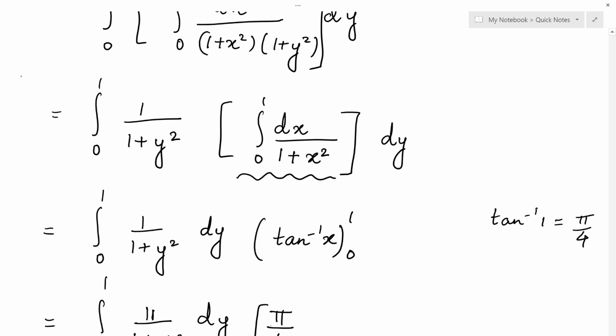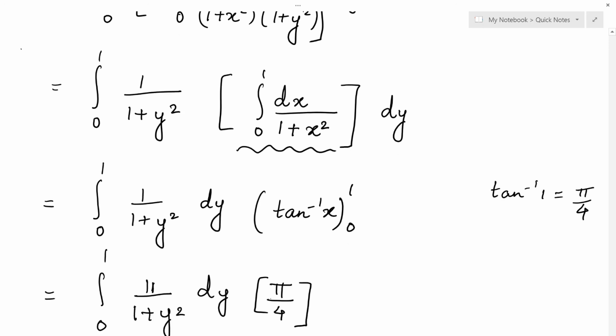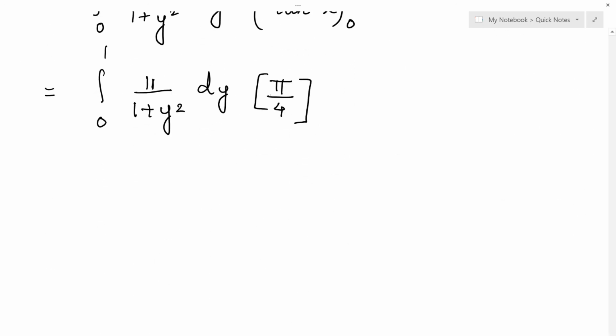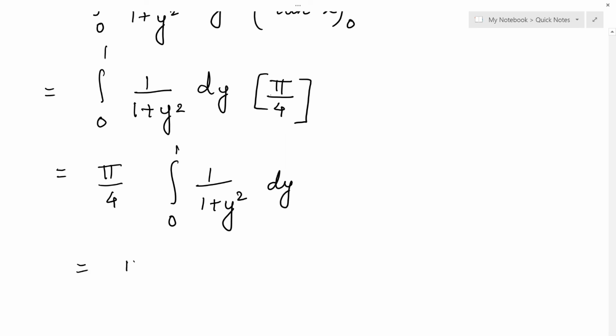Now pi by 4 is a constant term that can be taken outside the integration. Okay, this is not 11, this is 1. So you will have pi by 4, 0 to 1, 1 upon 1 plus y square dy. Again the same integration, with respect to y.